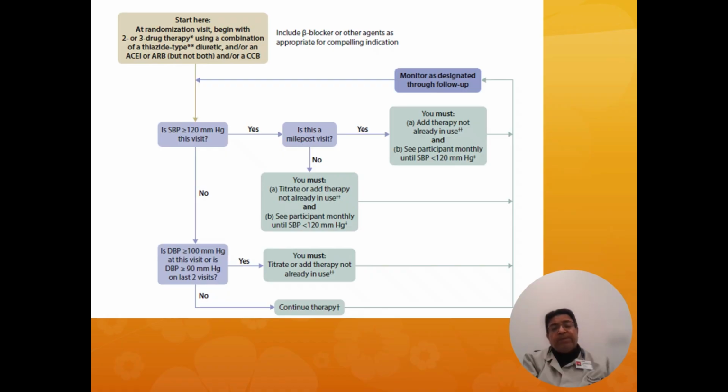So in summary, the KDIGO recommendations based on the SPRINT trial were to start off with a 2 or 3 drug antihypertensive regimen, including a thiazide, ACE inhibitor or ARB, and a calcium channel blocker, and then successively adding therapies until you get to your goal of less than 120, and then maintain the patient on that regimen.